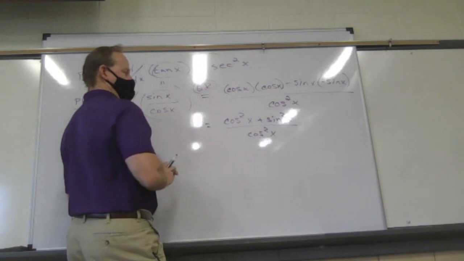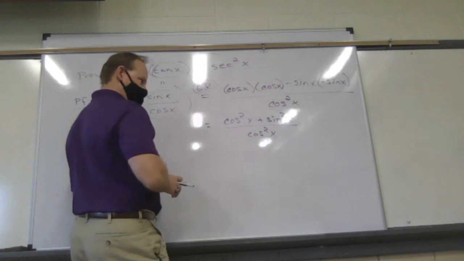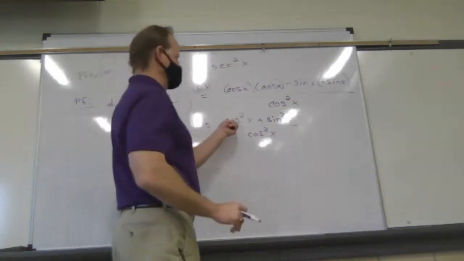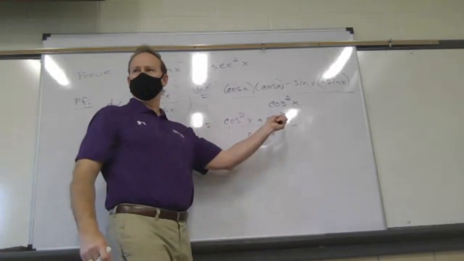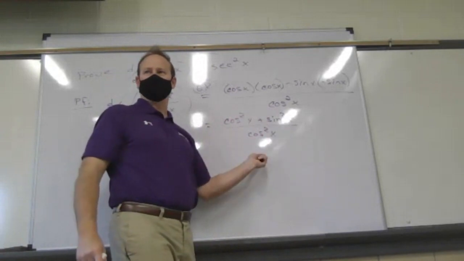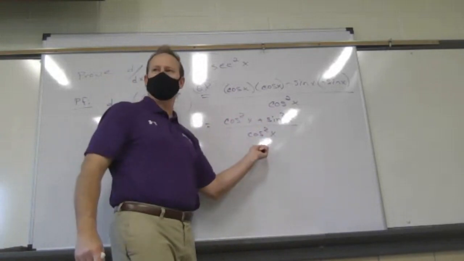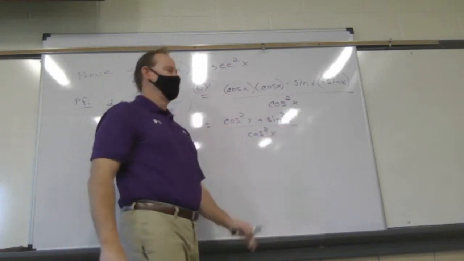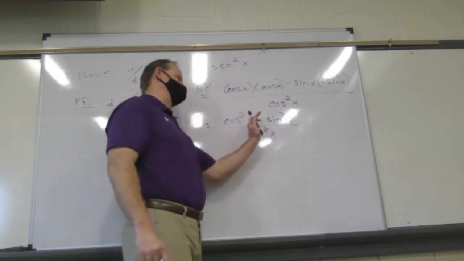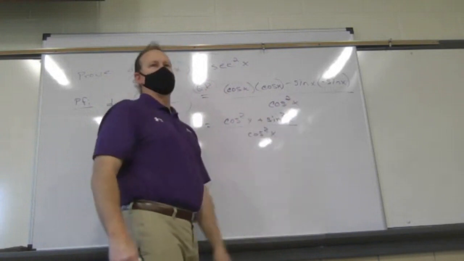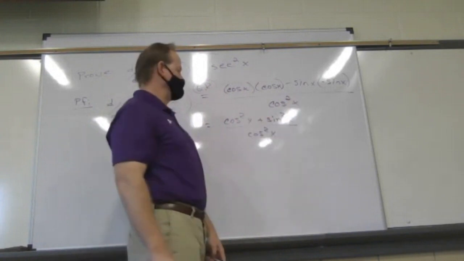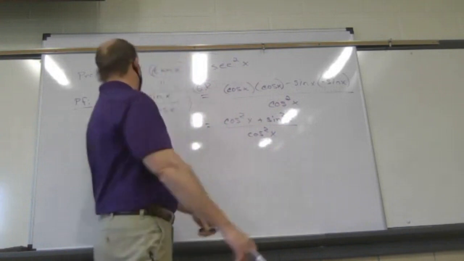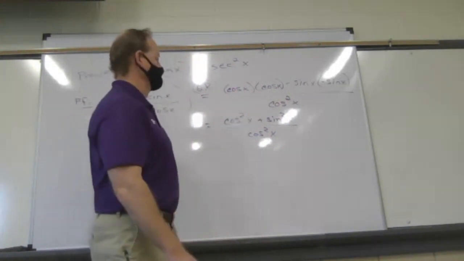Well, you have to be a little bit careful because this is a sum up here. So I can't cancel this cosine squared with that cosine squared unless I also leave it attached to the other one. So I could rewrite this as 1 plus sine squared x over cosine squared x, which is 1 plus tangent squared x, but I don't want to do that.